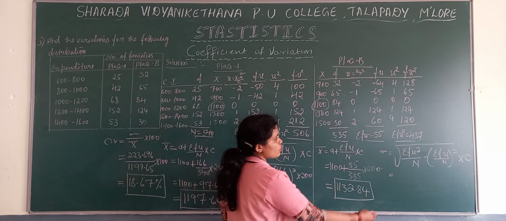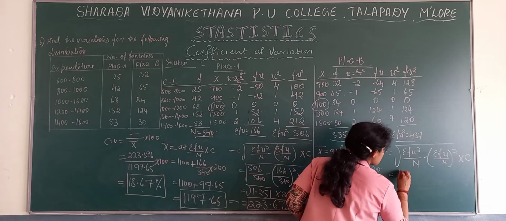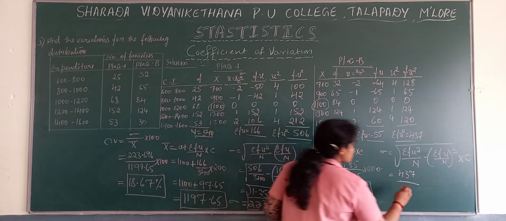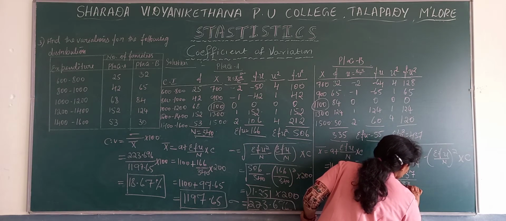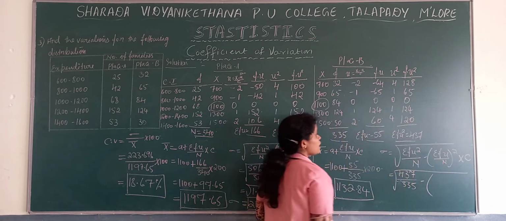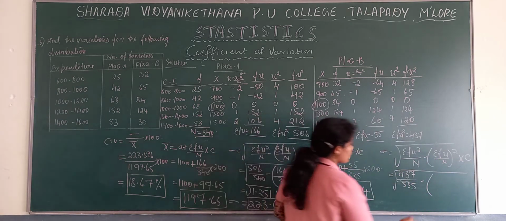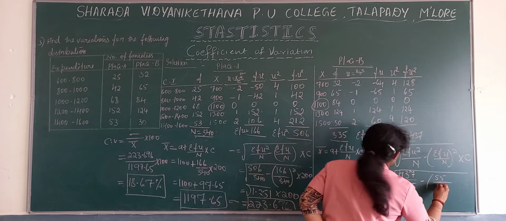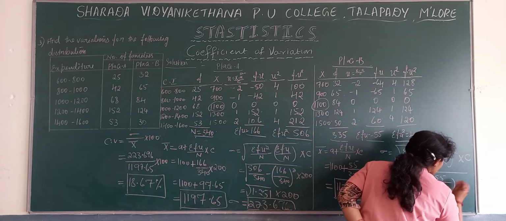Now substitute into the formula. FU square is nothing but 437, your N value is 335, minus here FU is 55 by 335, whole square, into 200.